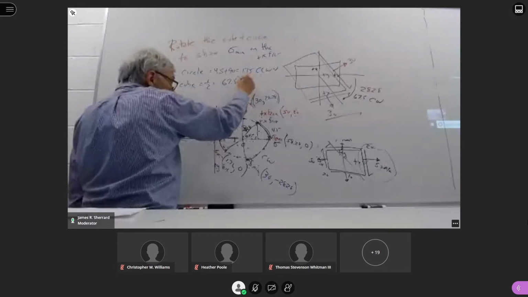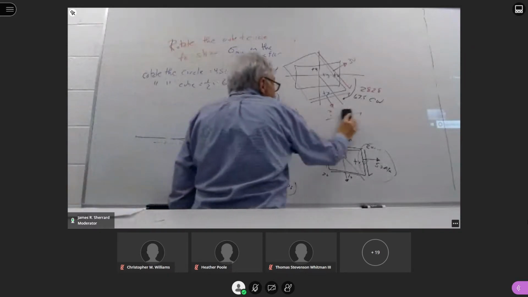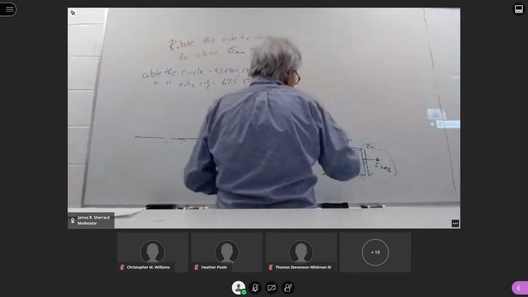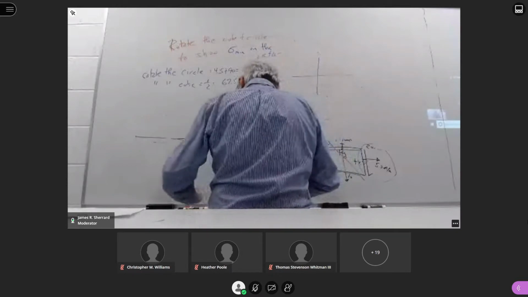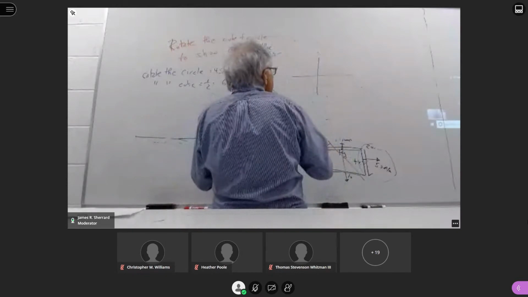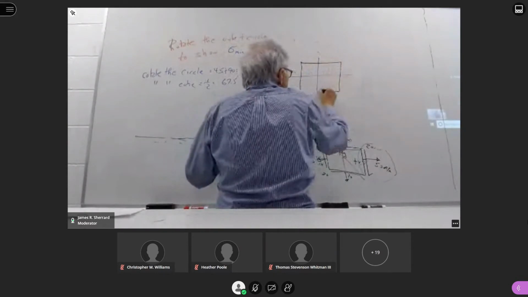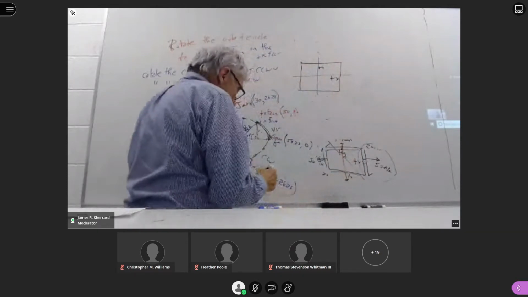And again, I've rotated this counterclockwise. So if I go back from my original orientation, plus x base, plus y base, this is what I'm starting out at.